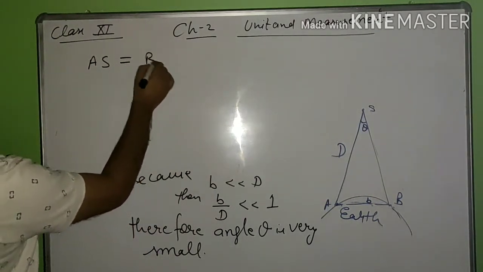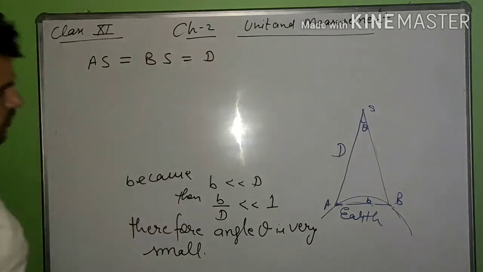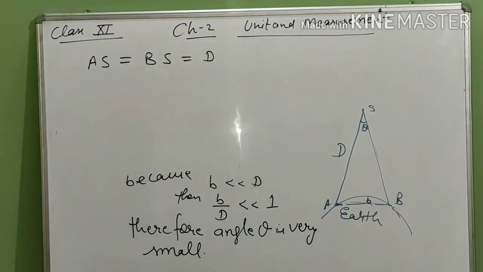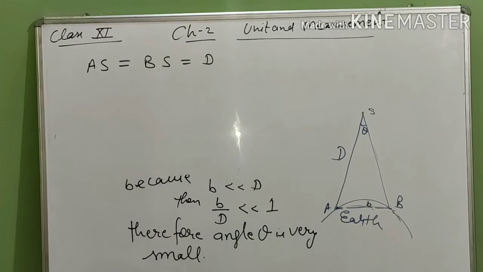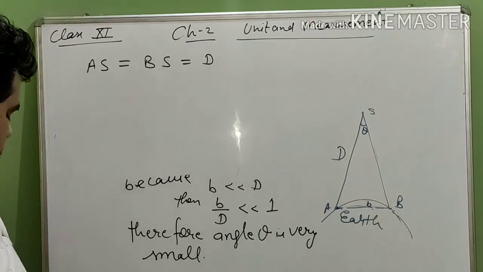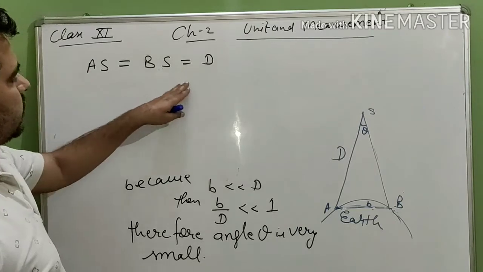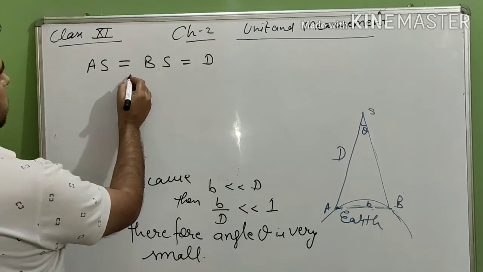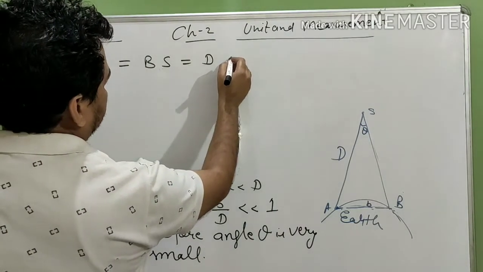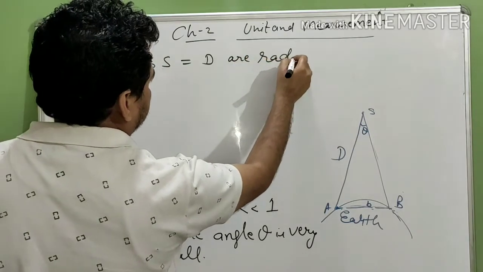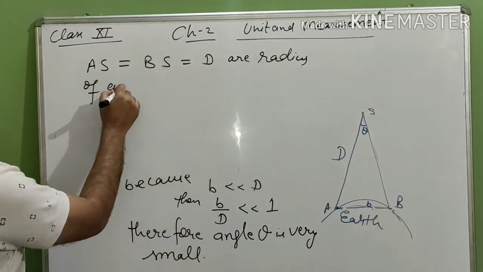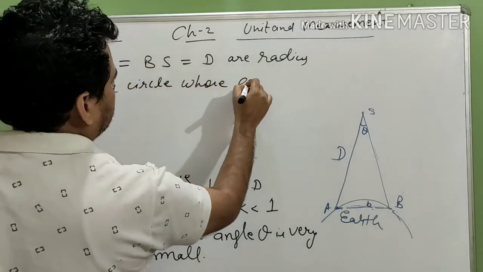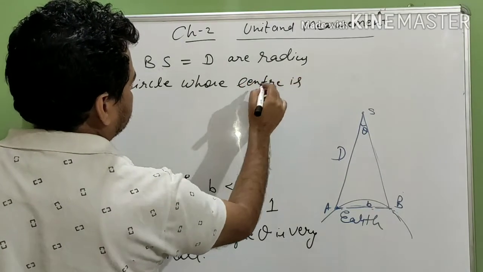AS equal to BS equal to D. These are the radius of a circle whose center is S.